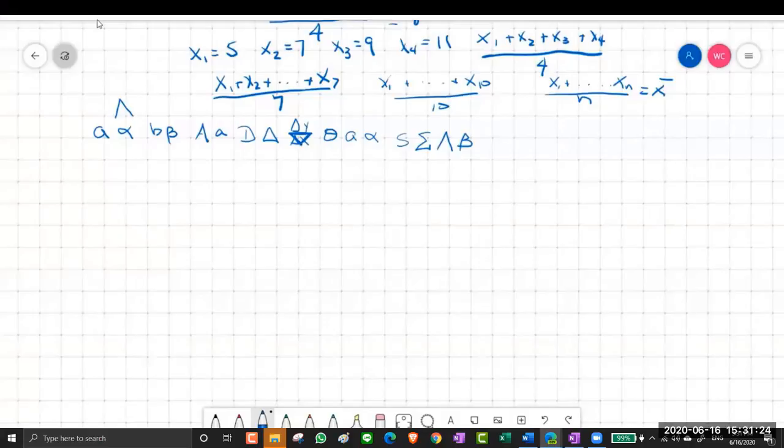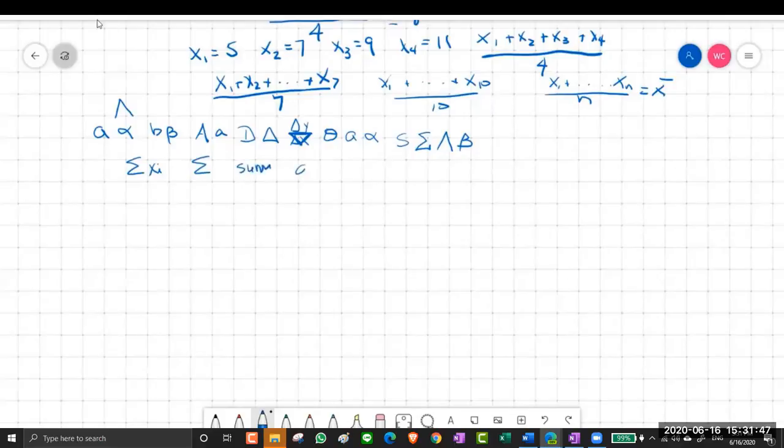Now, we know that sigma is used something like this. The reason that we use that Greek S is because it's for the word sum.